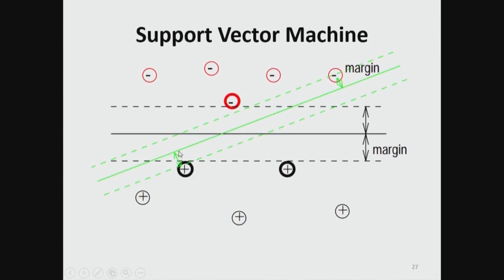If you look at this side, beyond this we cannot have any line. Similarly, beyond this we cannot have any line. Therefore, these two dotted lines show the margin, and any line drawn between these margins will act as a linear separation.